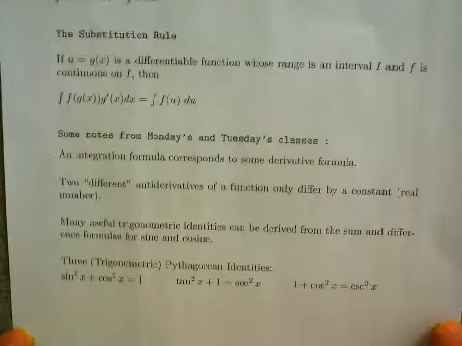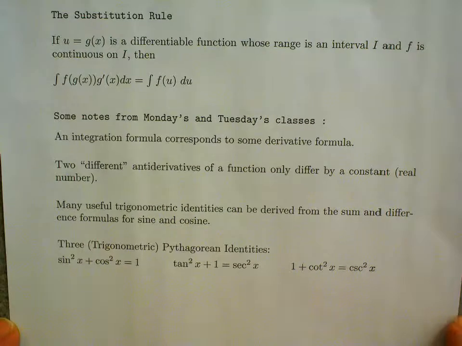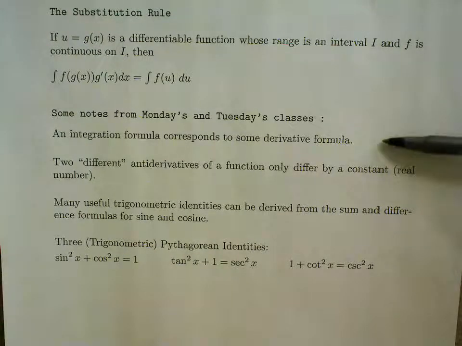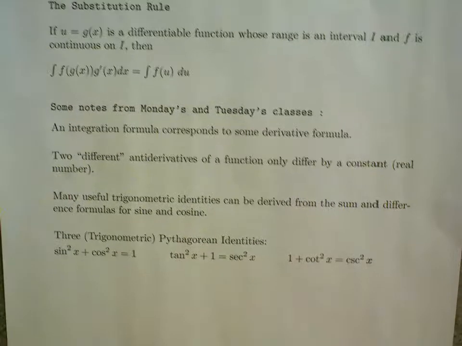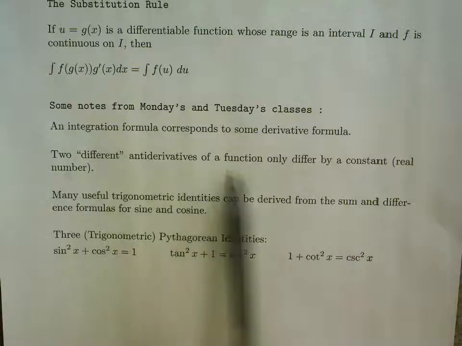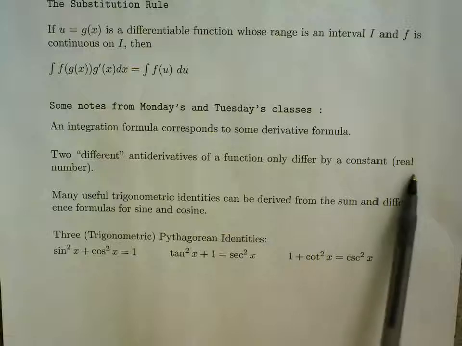A couple of things that were mentioned, at least indirectly, if not directly. An integration formula corresponds to some derivative formula. Two different antiderivatives of a function only differ by a constant.